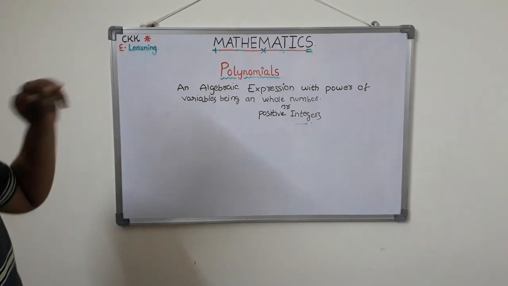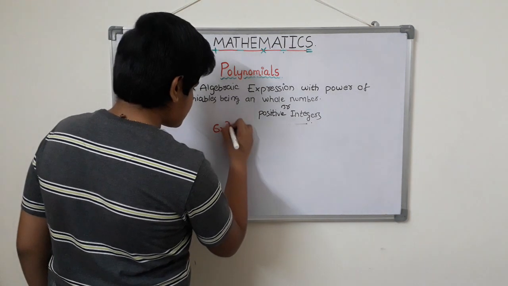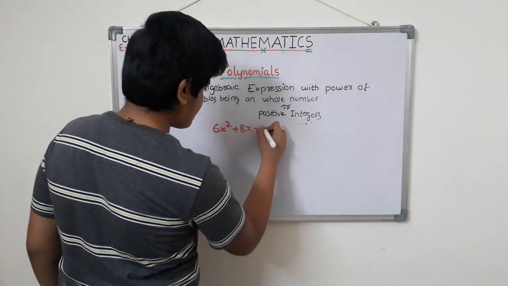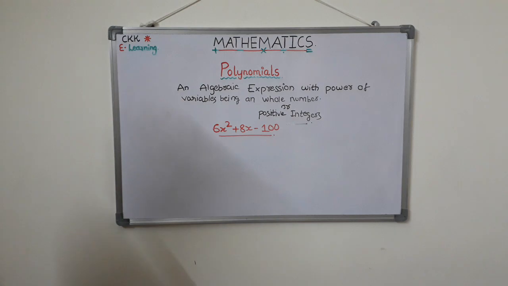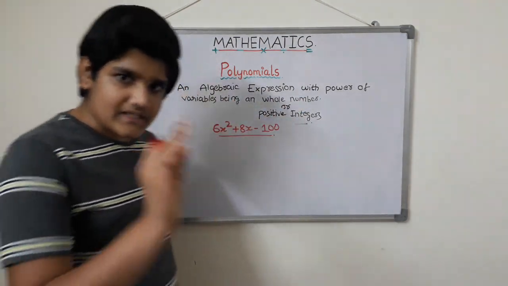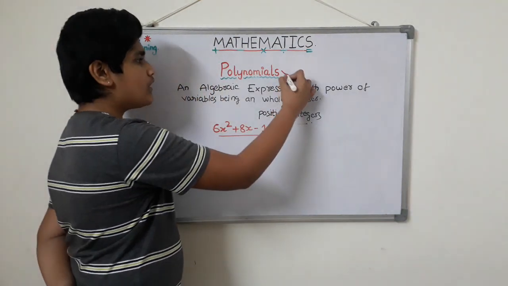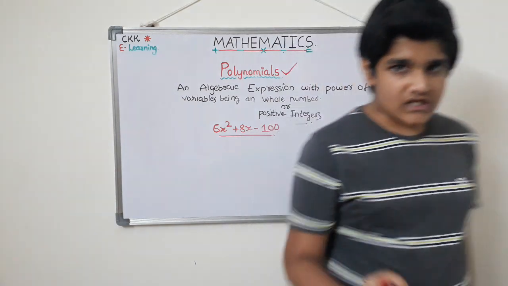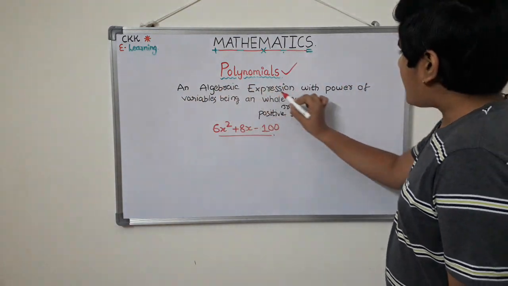Let us take an algebraic expression: 6x square plus 8x minus 100. Before also I have taken the same example. Let us continue with it. This is an algebraic expression. You are clear with that? This is also a polynomial. Why? Let me explain. An algebraic expression, yes.